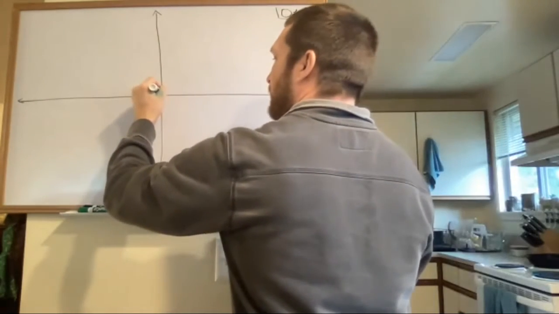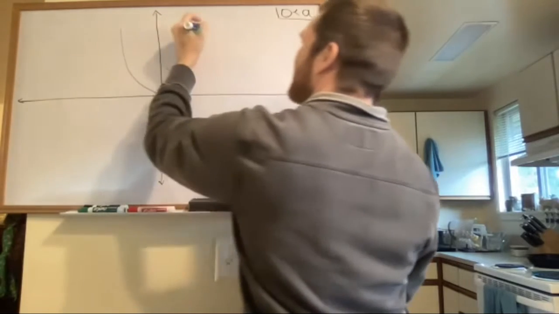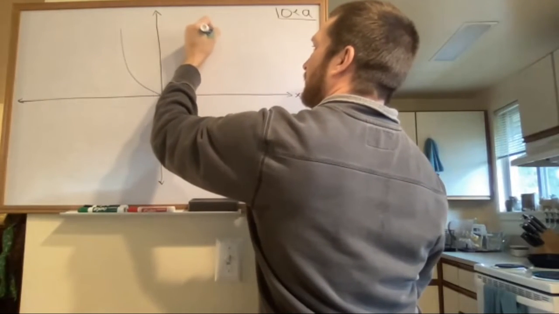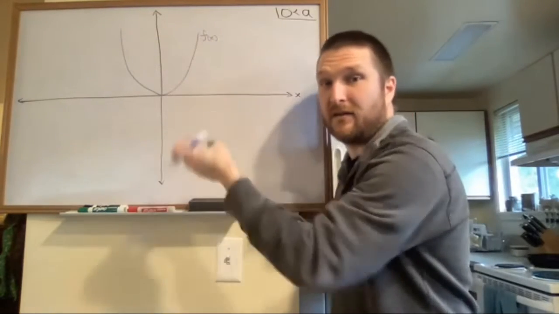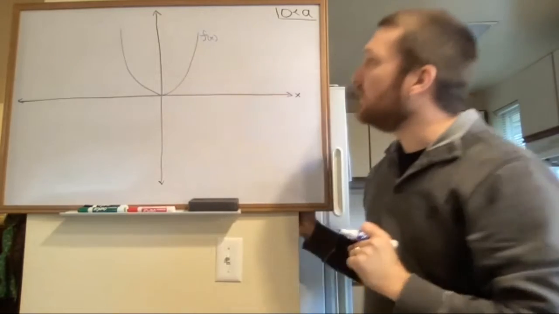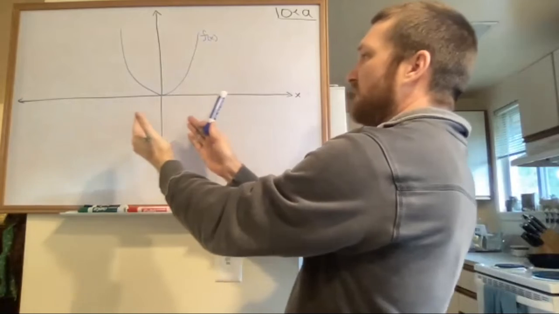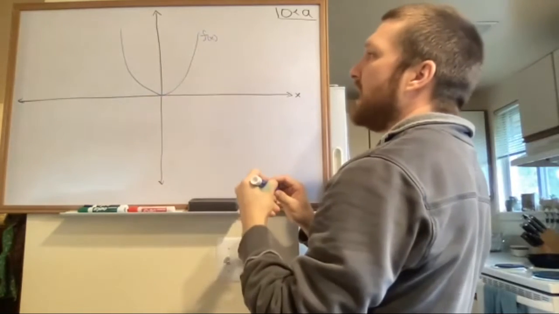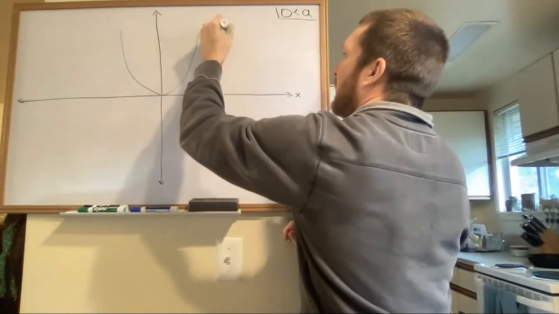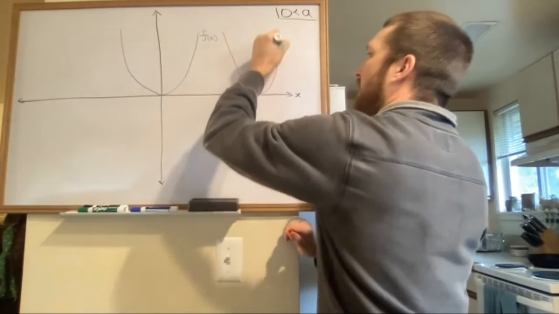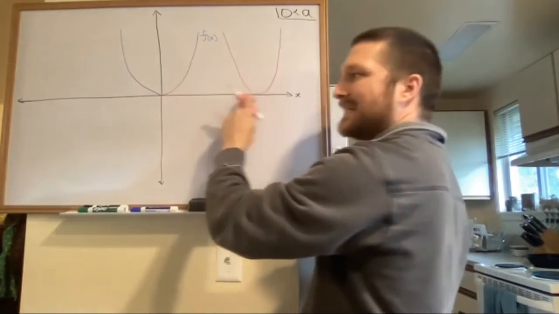Okay, so if this is f of x, and in our case we've been working with f of x as just x squared, so it looks like this, then shifting to the right is what we get by doing the following. We're on the input axis.